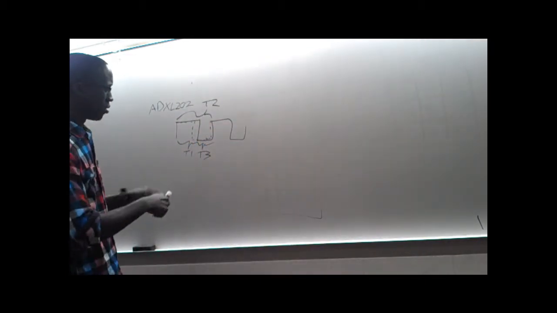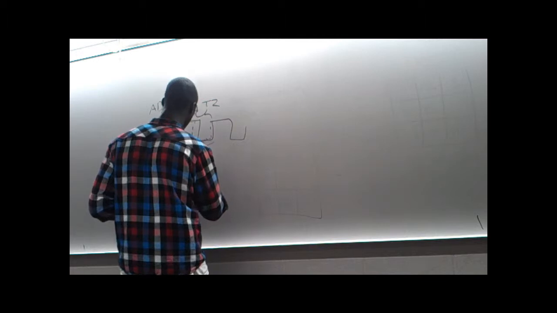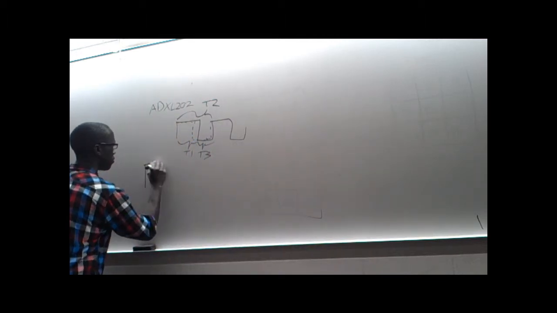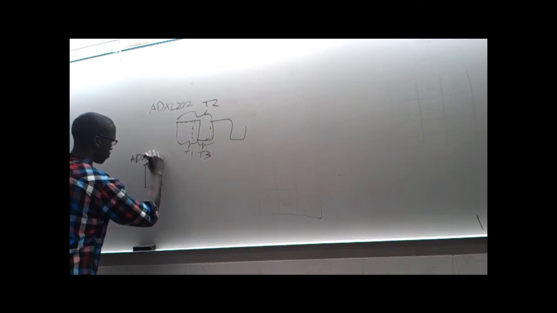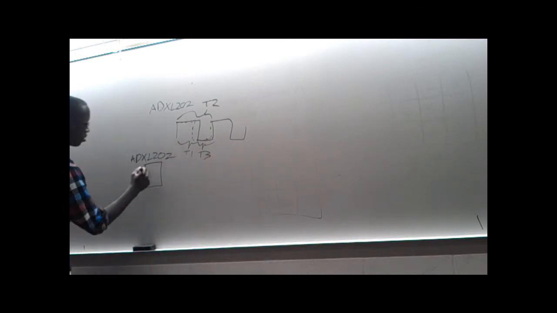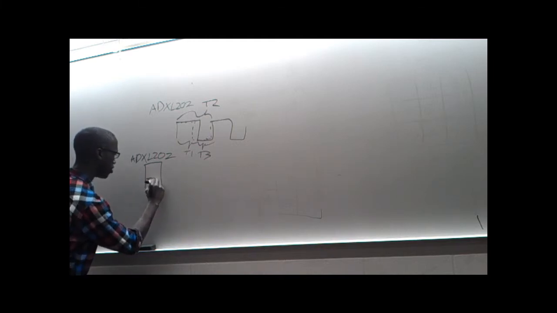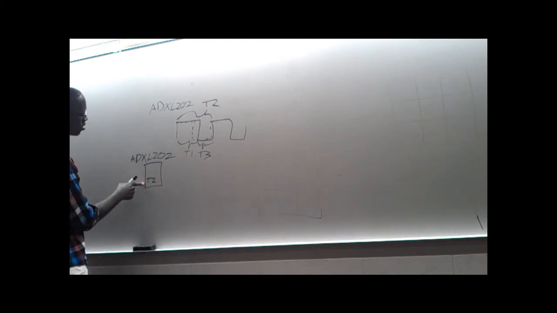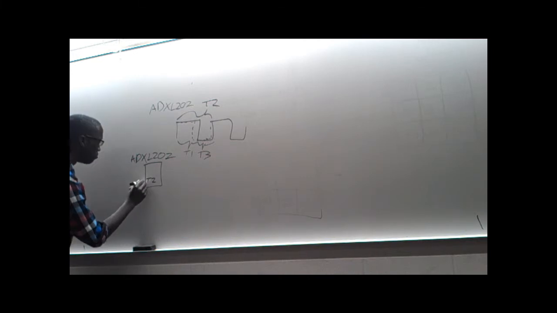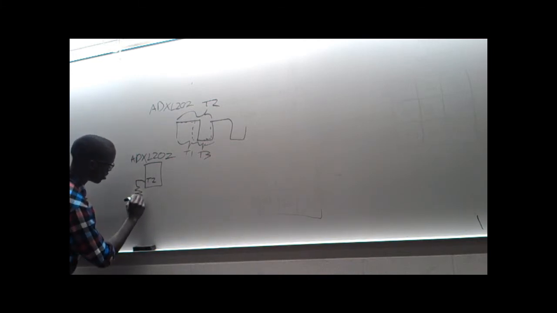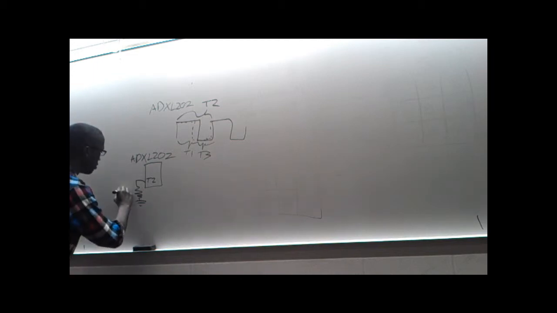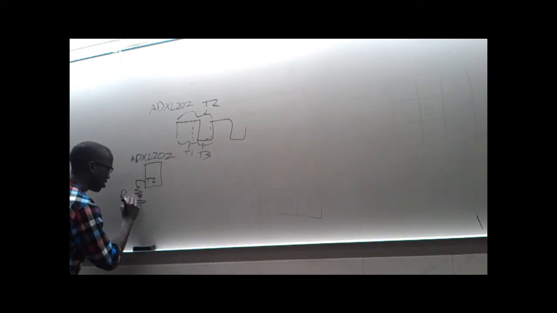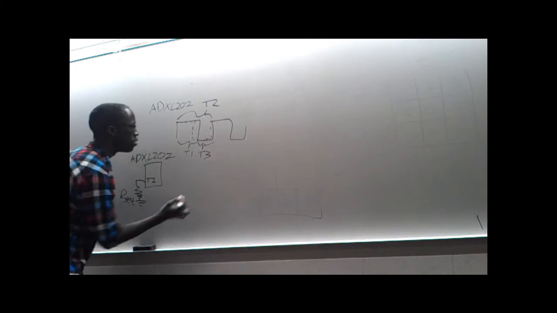As for the hardware side of things, there is a pin on the ADXL202 called T2, and this is what determines the period. It's connected to a resistor called Rset, which, when varied, varies the period of the duty cycle modulated signal.